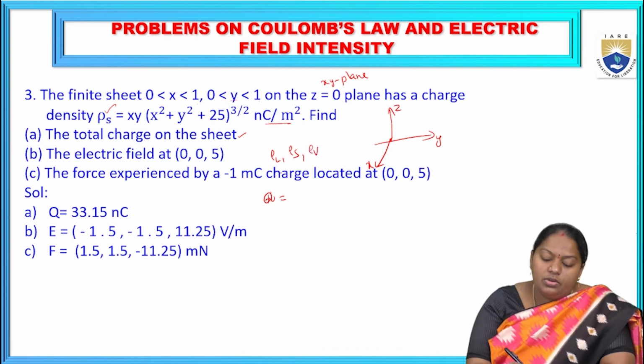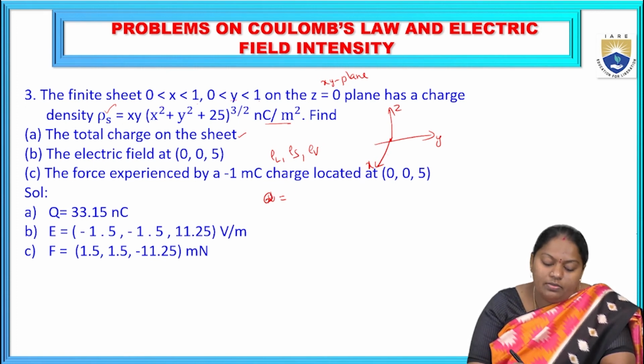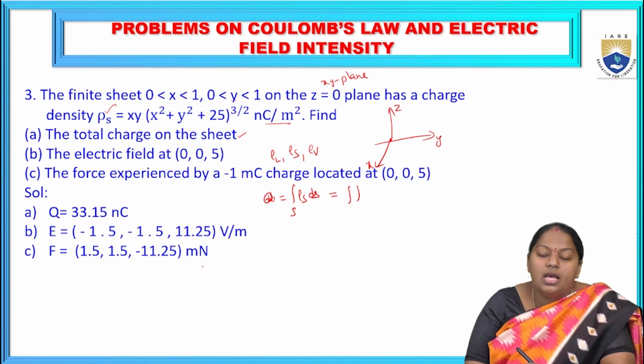Now here we are assuming it as rho s. So charge q in terms of rho s is given by q equal to integral over s of rho s ds. Rho s is given by xy into the total thing, and ds is the surface element. Since we need to integrate two times, the two variables are x and y.